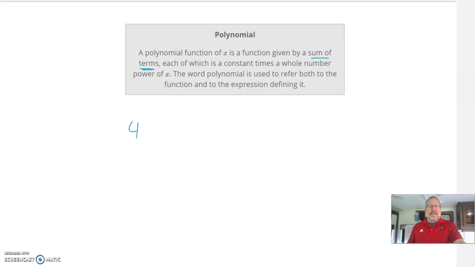So for instance, a 4x cubed, that's a positive technically, minus a 36x squared plus an 80x. That has three terms, three expressions separated by plus and minus. So that's the word terms. And notice the exponents are all whole numbers. Even the one with no exponent up there, that has a 1 on it.